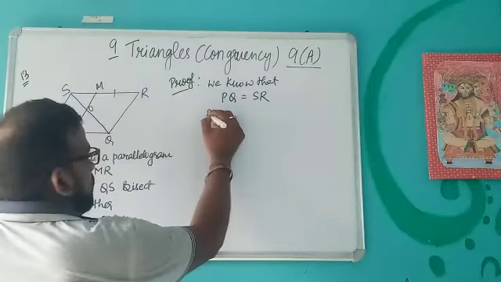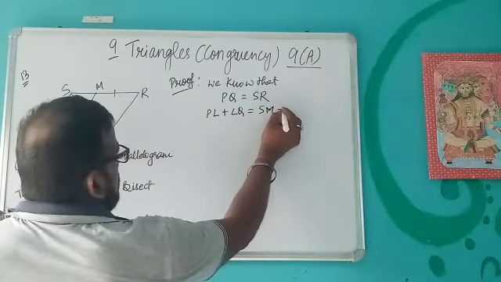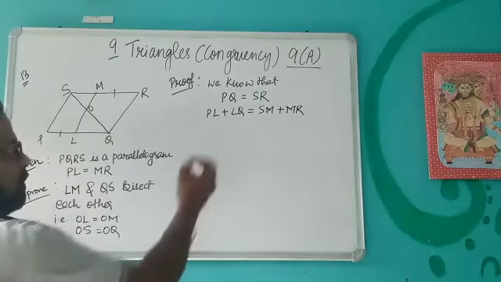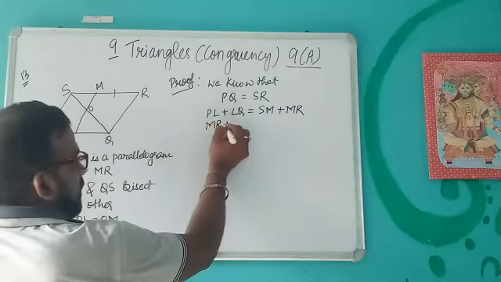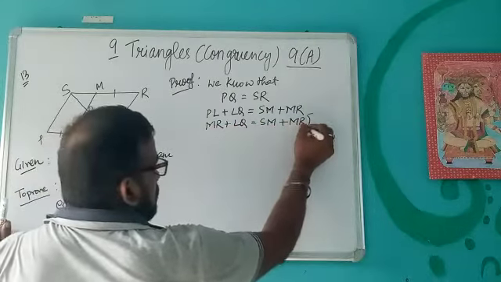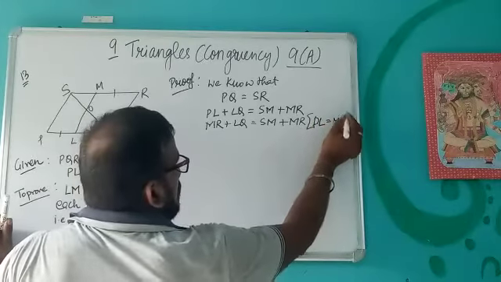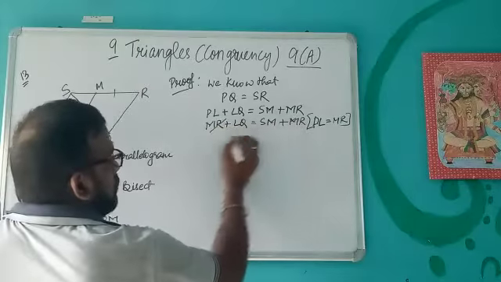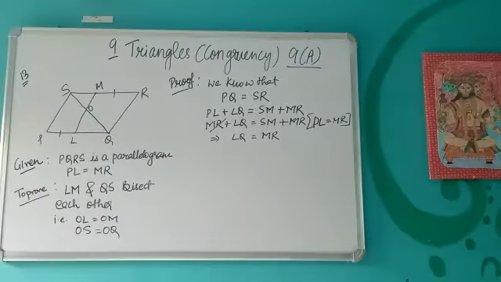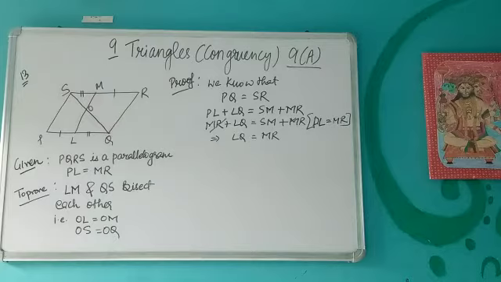PQ is made up of PL plus LQ and SR is made up of SM plus MR. But this PL is equal to MR, so I am going to replace PL by MR. It will cancel out. We are left with LQ equal to SM. That means this portion will be equal to this portion.